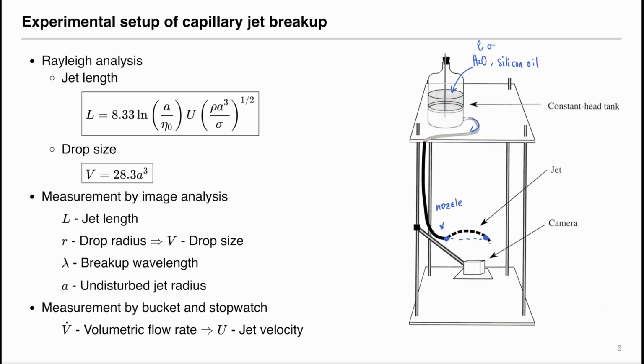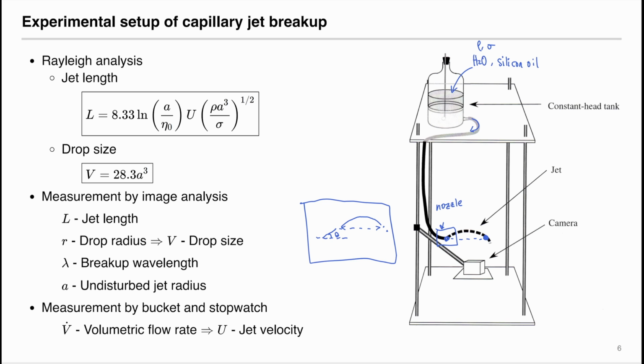So if we zoom in at the nozzle, we will see that the nozzle is actually slightly tilted upward compared to the horizontal, so that when we have a jet going on and it breaks apart, the height is roughly the same. And of course, the angle drawn here is exaggerated. It's not that big.